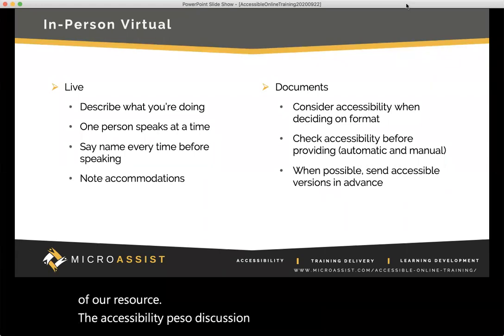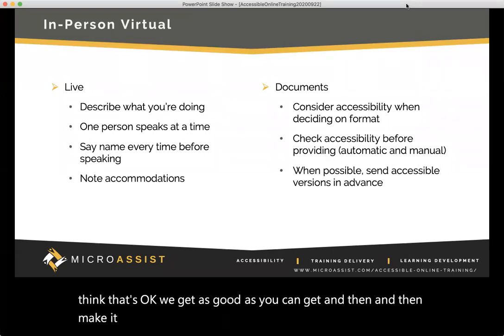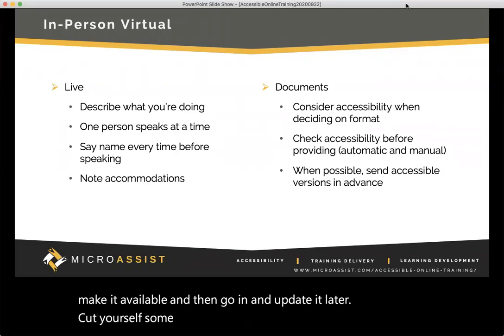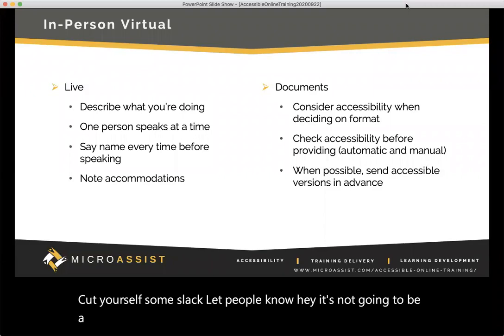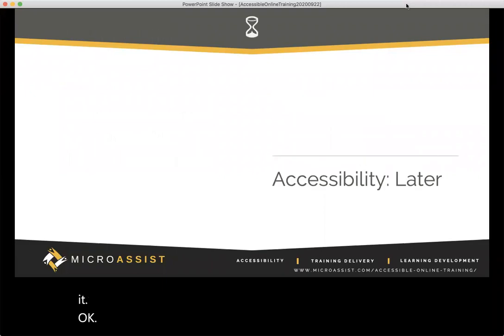I think that's okay. I think get it as good as you can get, and then make it available, and then go in and update it later. Cut yourself some slack. Let people know, hey, it's not going to be 100% up to date, but it's available there, and you can pull on it.